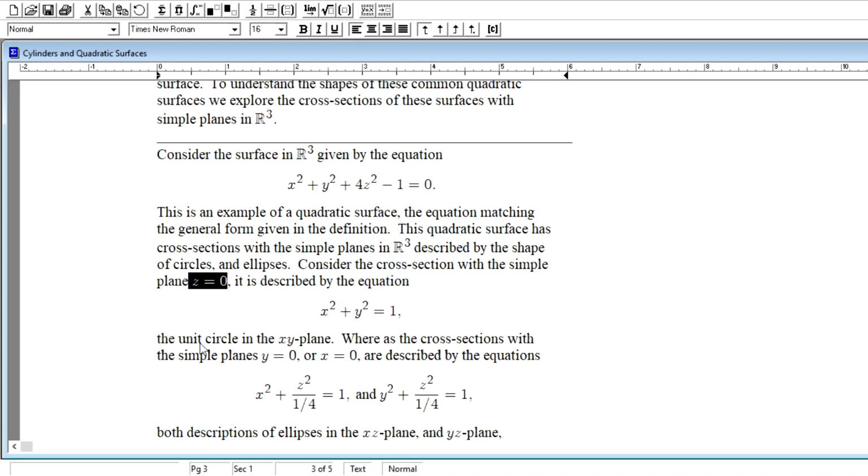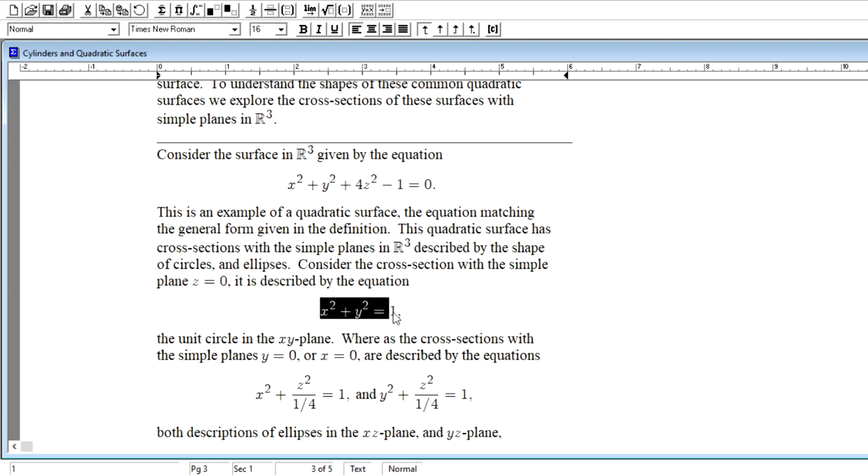Right, I can intersect these surfaces with some simple planes like the plane z equal to 0. Now, to intersect the plane z equal to 0 with this surface, to understand that algebraically, all I have to do is take the value of 0 for z and substitute it into the equation. If I make z 0, this whole term will disappear and I'll be left with x squared plus y squared minus 1 equals 0.